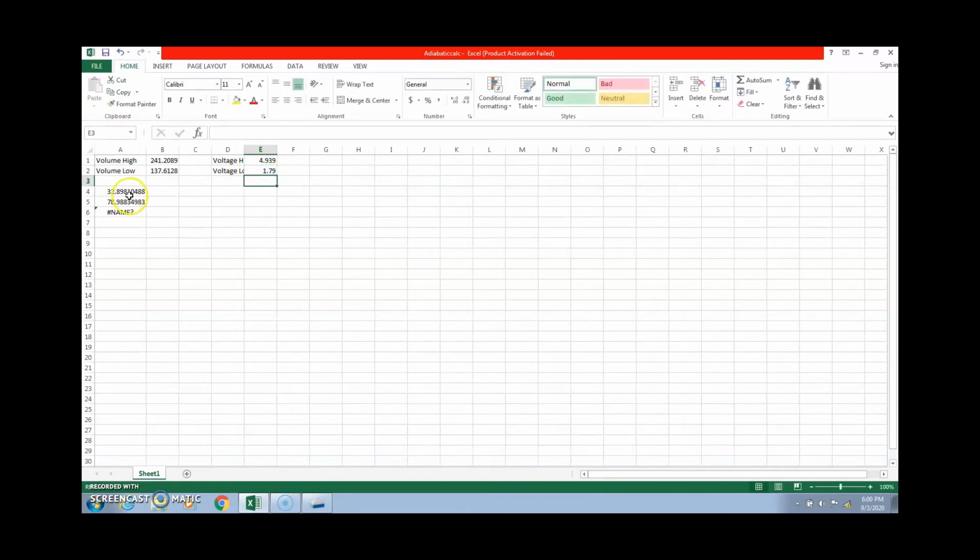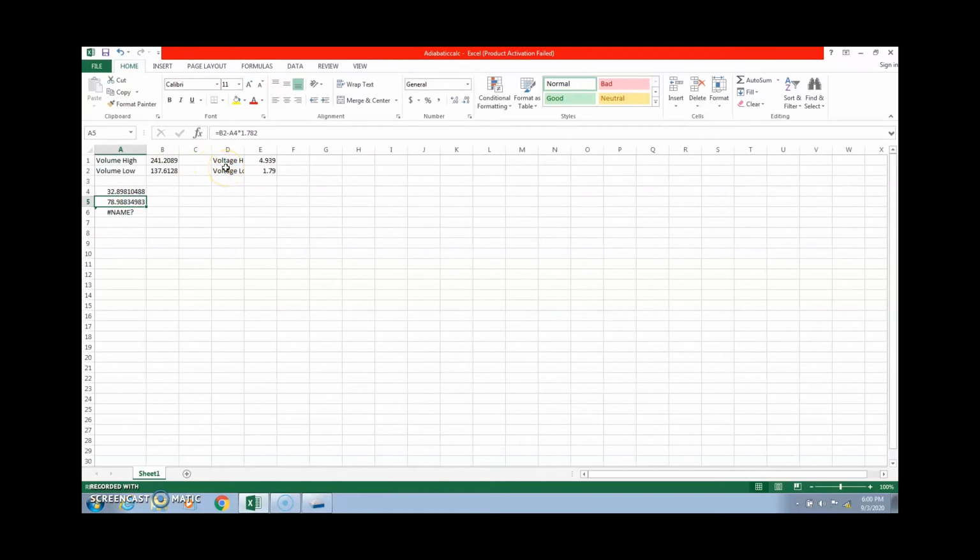So this is simply the slope, the change in volume over the change in voltage. Once I knew the slope, and I know that it's a linear relationship, I just plugged in a value there.